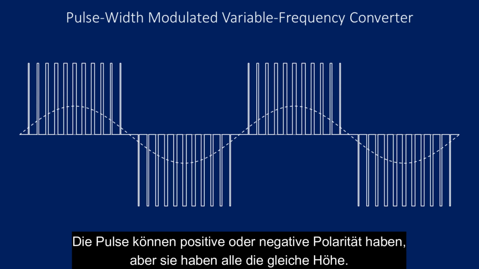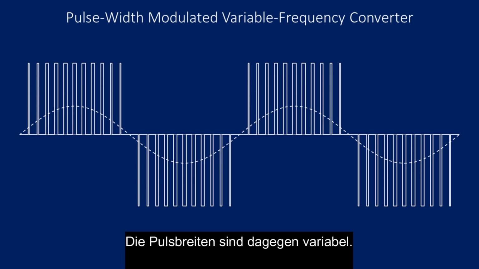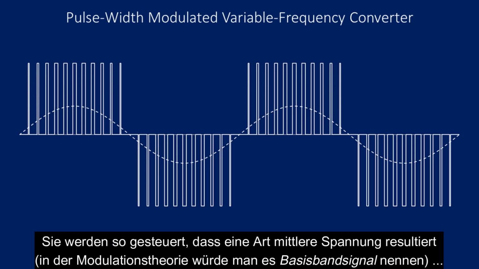The pulses can have positive or negative polarity, but they all have the same height. The pulse widths, however, vary over time, and they are controlled such that sort of an average voltage results.